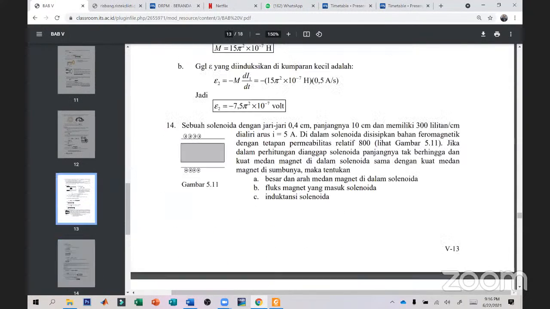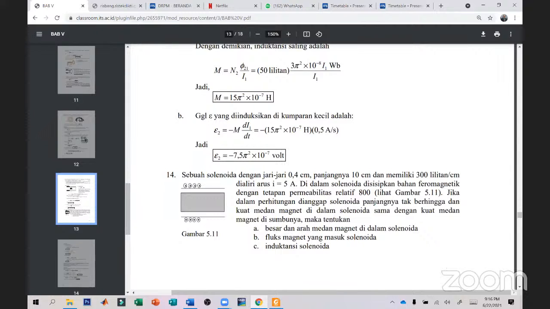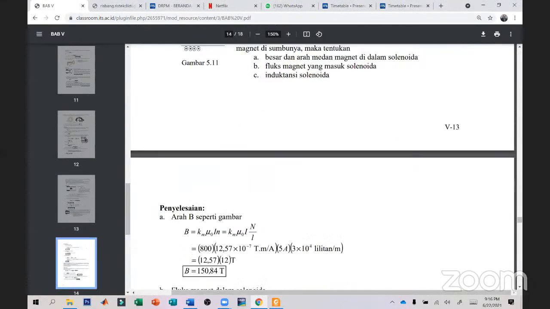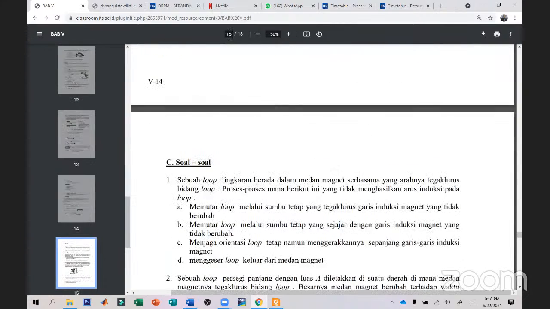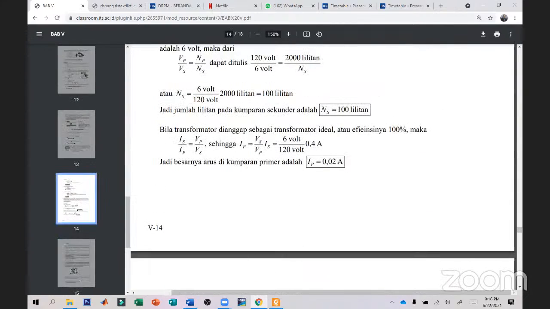Tapi yang ada film magnetik ini biasanya enggak ikut. Nah, tadi itu ada ya, yang sudah pernah saya tunjukkan. Di luar ada solenoid panjang, di dalamnya ada solenoid.